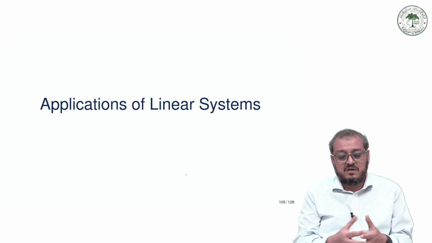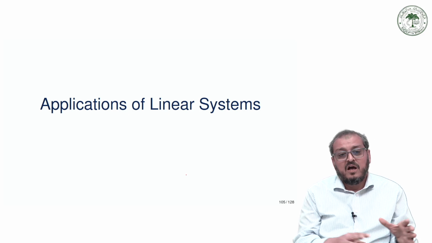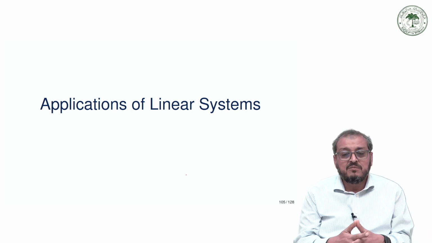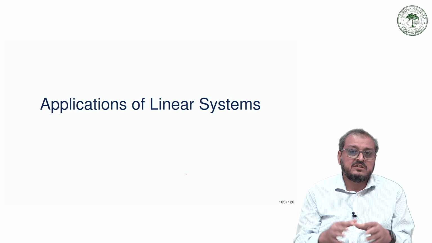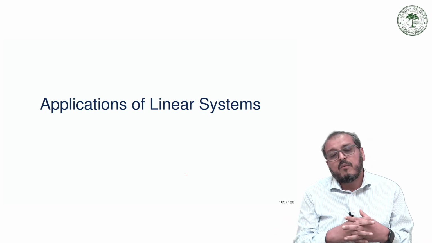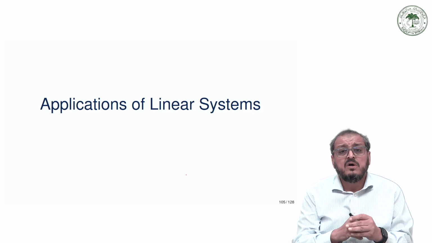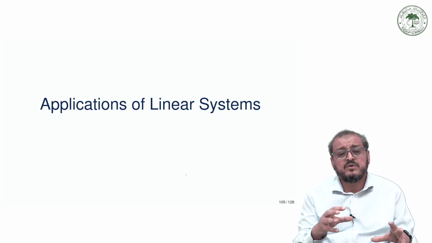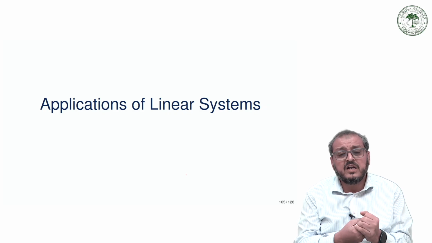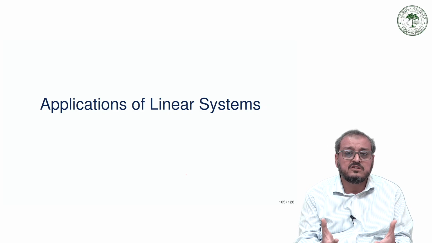We have devoted many classes to the study of how to get the solution of a linear system. Now in this class, I just emphasize taking 2-3 problems from other branches and trying to solve them with the help of systems of equations. That means you see the idea of how to apply linear systems of equations.